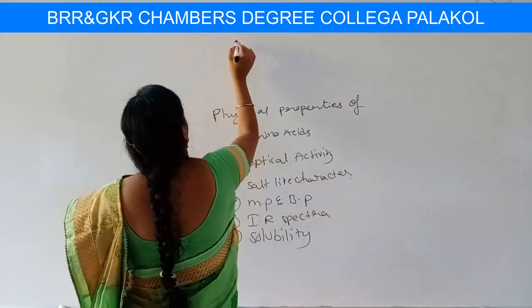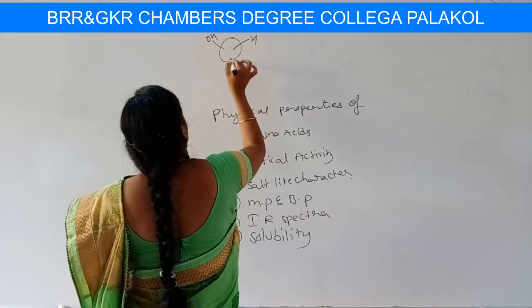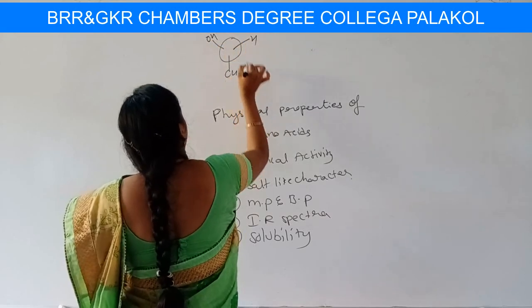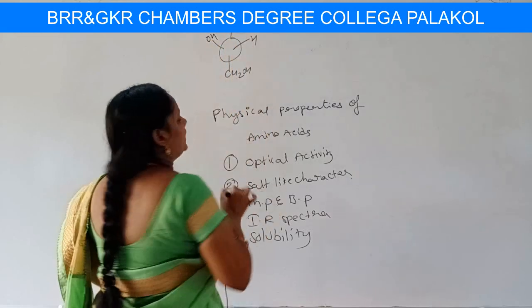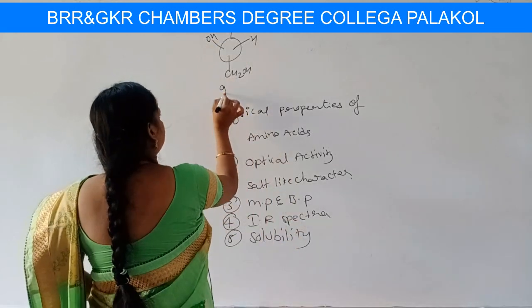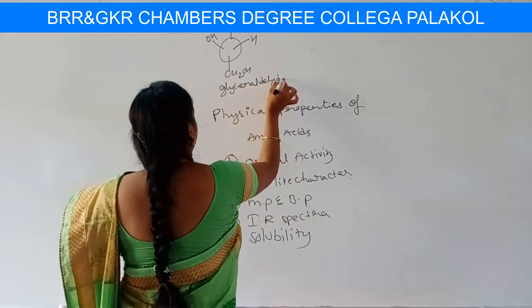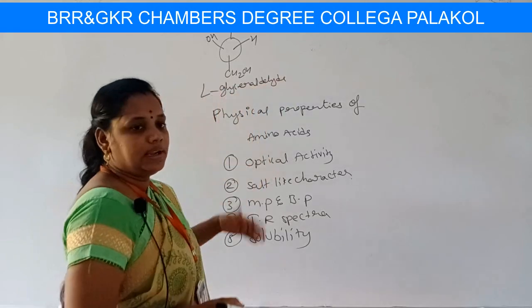Okay students, if you observe here, OH, H, CH2OH, CHO. This is the L configuration of glyceraldehyde.